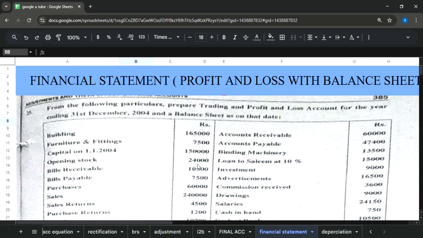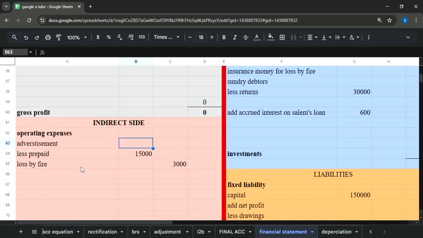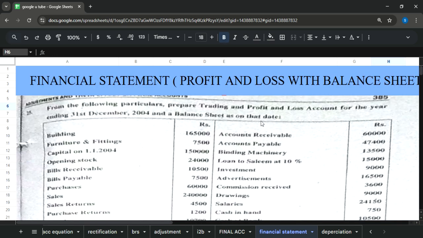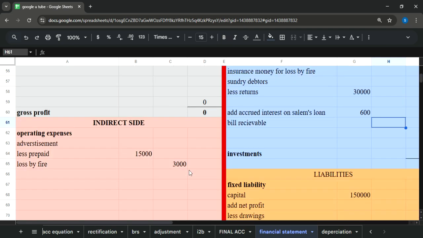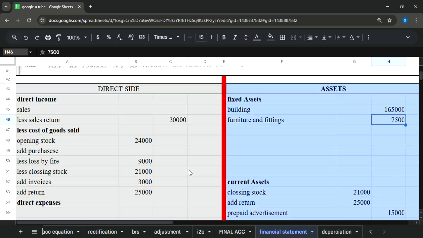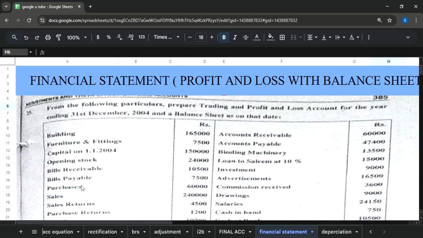After opening stock, we have bill receivable, which is your current asset, and here you can mention bill receivable. Amount of bill receivable is 10,500. Post amount in front of it. After bill receivable, we have bill payable.